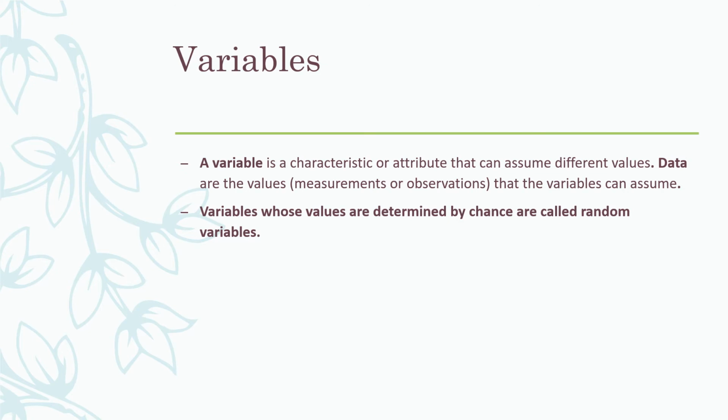It is entirely dependent on who we talk to. Those values are random because our sample is randomly selected, and the value that the variable takes on entirely depends on who you talk to. You can't predict that the next person you talk to will give you X or Y value. It is not predictable, it is random.